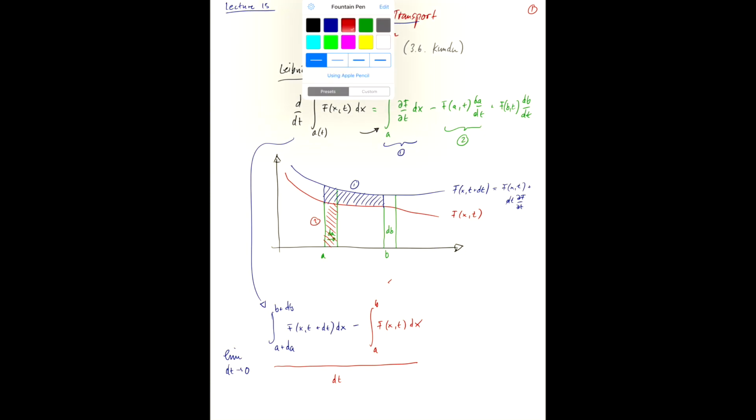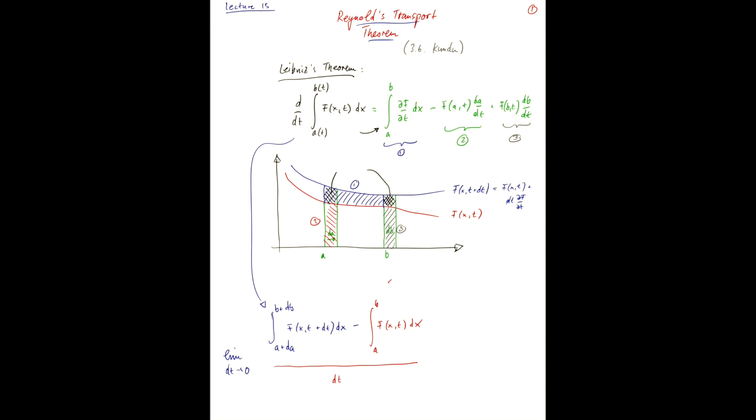And then the gray one is area 3, and you have to add this term here because you're gaining this area. And you'll see there are two areas that are sort of not accounted for. We should also subtract this area, but we're not, and we should add this area here, but we're also not adding it.